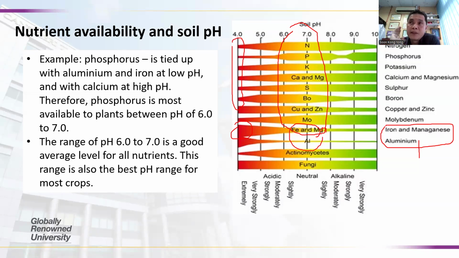So at pH 7, the soil will be fertile because it contains a lot of bioavailable nutrients and at the same time, non-bioavailable toxic elements. So it plays two parts right here.